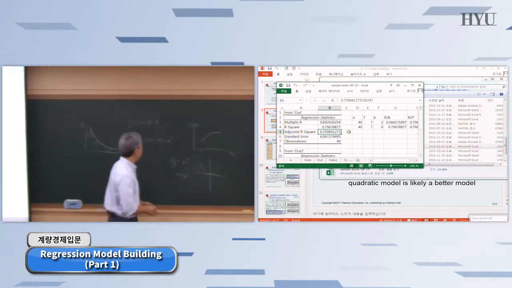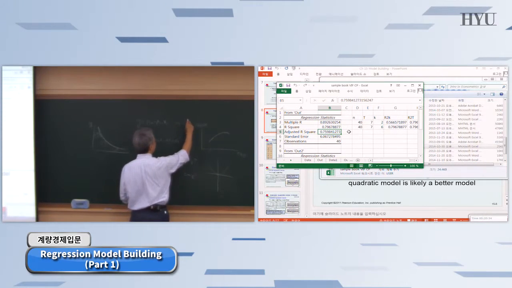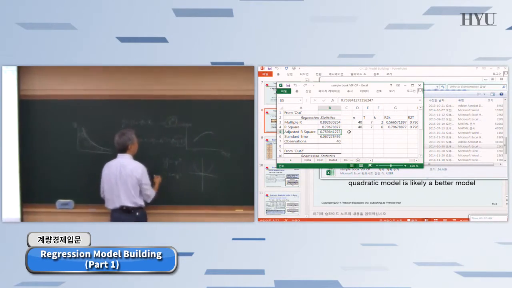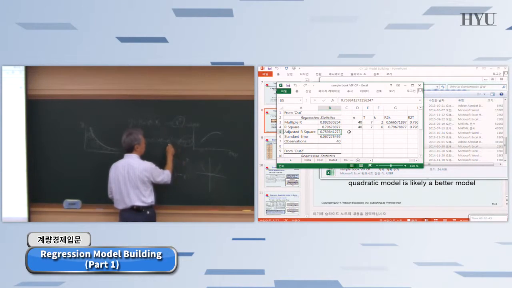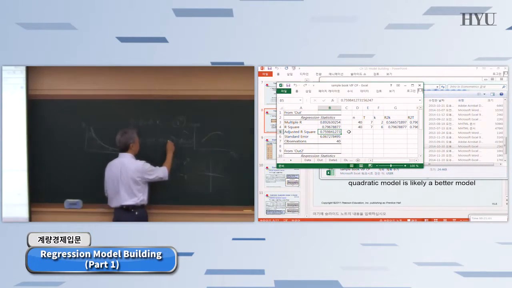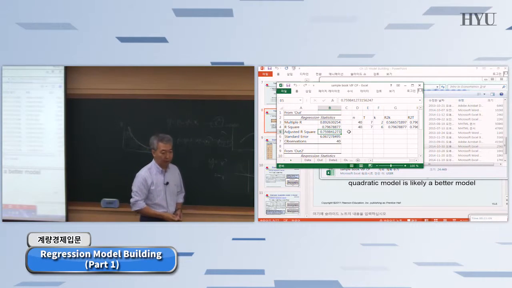But when you run two regressions, look at the R square here and the adjusted R square from here. If adjusted R square from this model happens to be greater than the R square from the simple regression, the regression without the square term, then you can pretty much say that this square term of x1 makes some significant contribution.